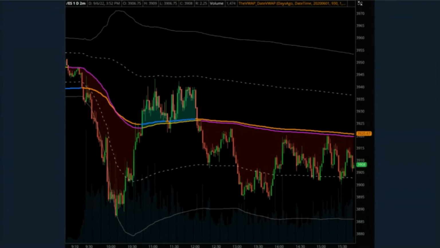And I want tick and the order flow to be in my favor. If I'm looking for a long trade, I want to see positive ticks coming in. That means the market's tailwind is with me and I'm buying with the broader market. And if I'm short, I want to see that tick falling underneath its average and heading down.